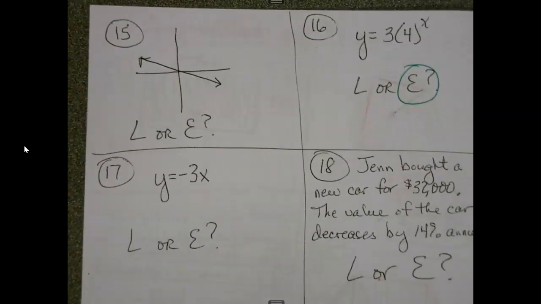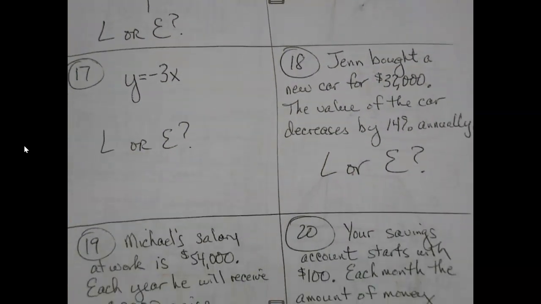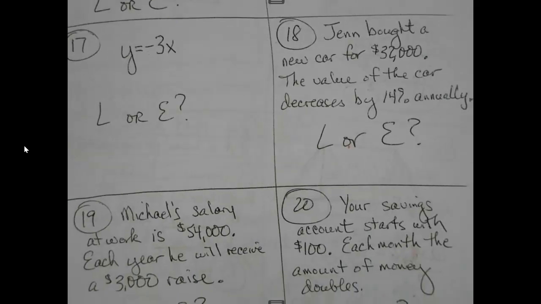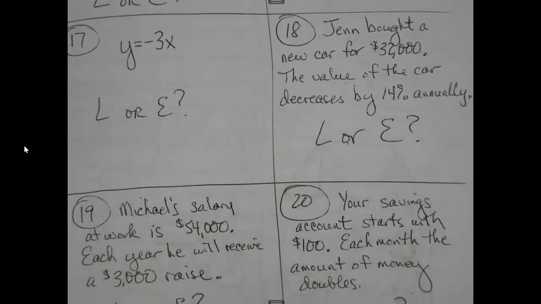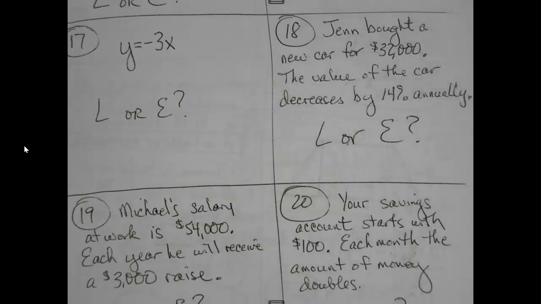Let's see here. What else looks like it could cause problems? The percentage. Okay, number 18, let's chat on a couple of these. Jen bought a new car for $32,000. The value of the car decreases by 14% annually. Okay, so I can tell you a couple of things about this, but let's do visual first.